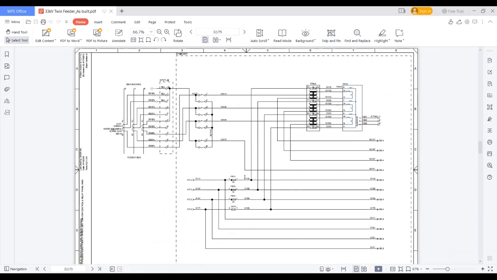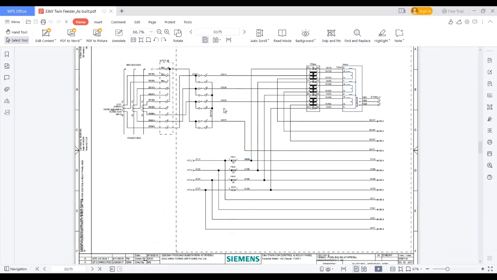So E represents the PT cables, D represents CT metering cables, and C represents protection CT cables, H represents AC cables, J represents DC cables, K represents control cables. Please remember that identification.